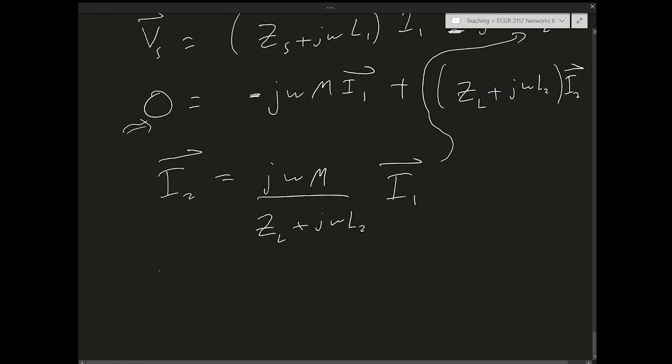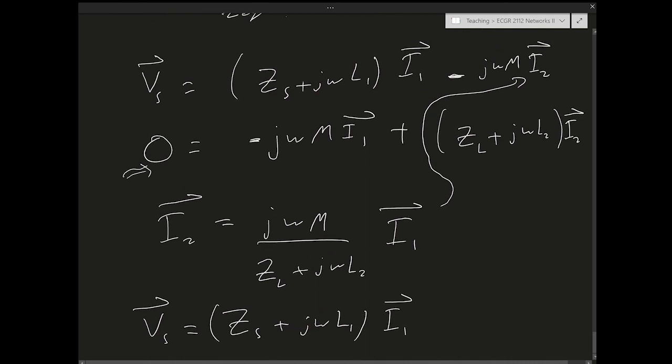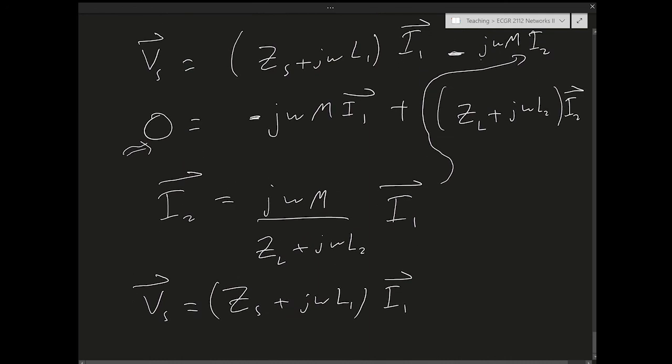So we end up with Vs equals Zs plus j omega L1, I1, plus... So j times minus j is 1. Omega times omega is omega squared. M times M is M squared, over ZL plus j omega L2, times I1.